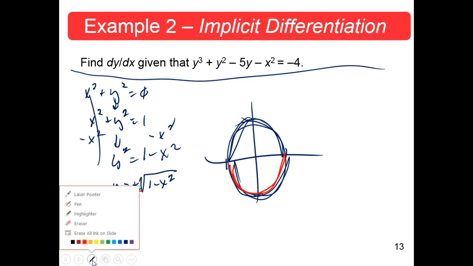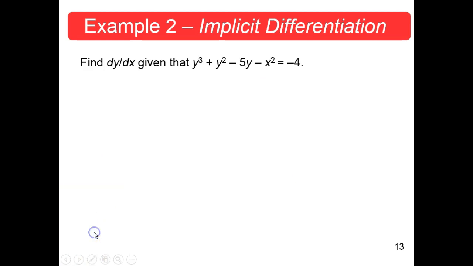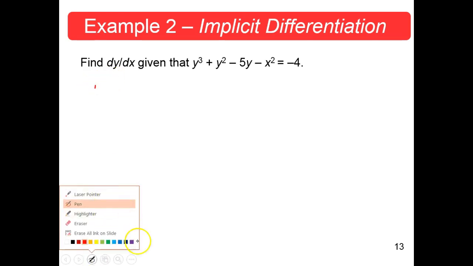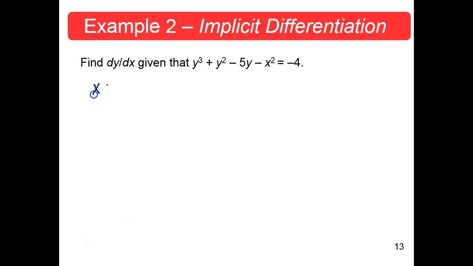I thought their instructions were a little vague. How about this one? x plus y squared is equal to 1. Now, it says, if possible, represent y as a differentiable function of x. Can you?